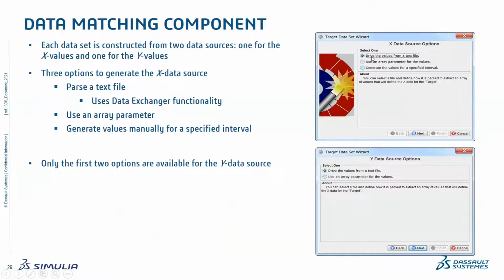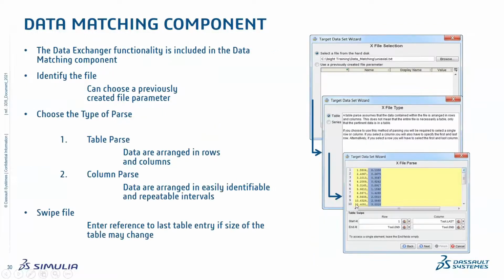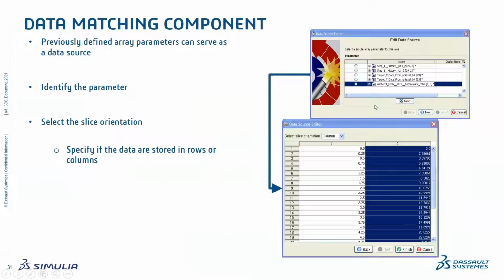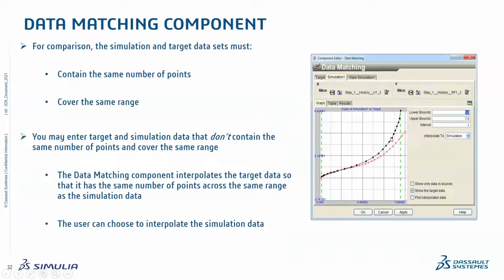We first load the source information, that is the test result information, both the X and Y source, and accordingly we create a plot, and from there we pick the simulation information as well, and finally we will be able to plot both, where one is your target data and the other is your simulation data.